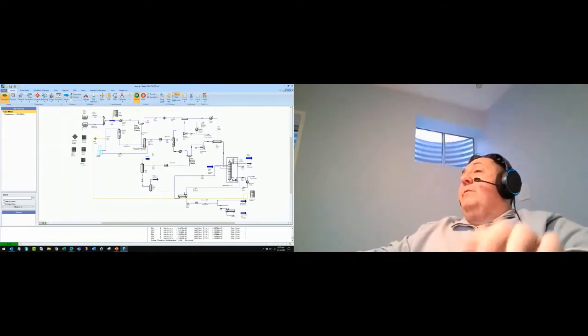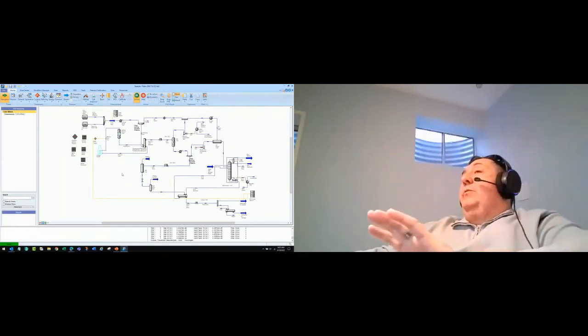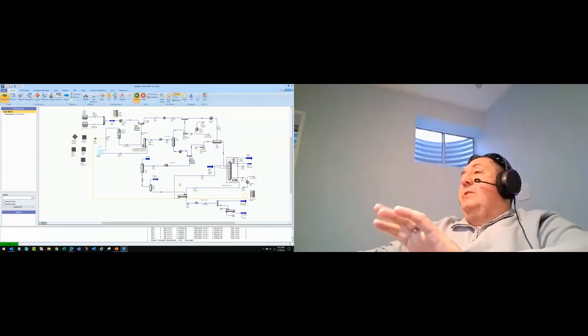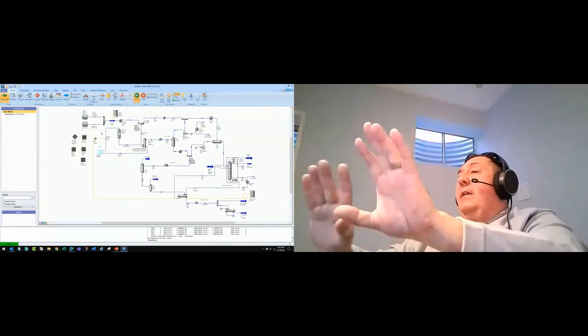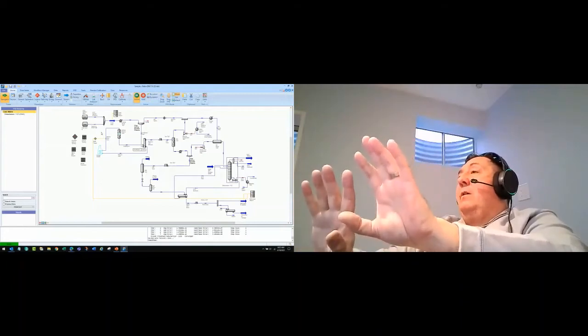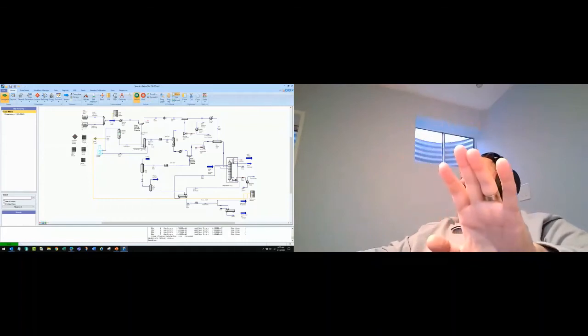And we also, in terms of operations and safety, we use these types of simulations. So this is a steady state simulation. This is a snapshot of how this part of the refinery will operate under these conditions.